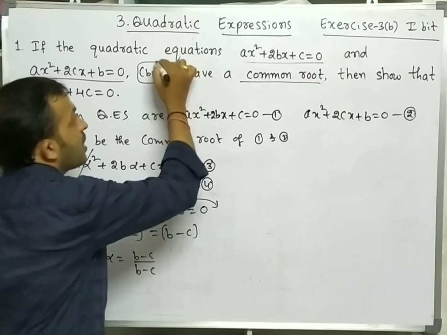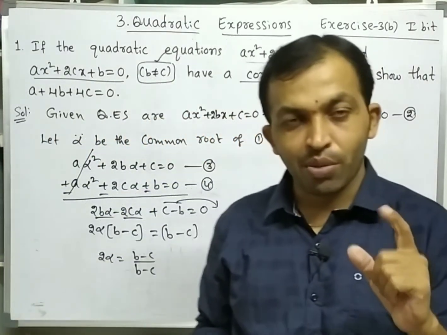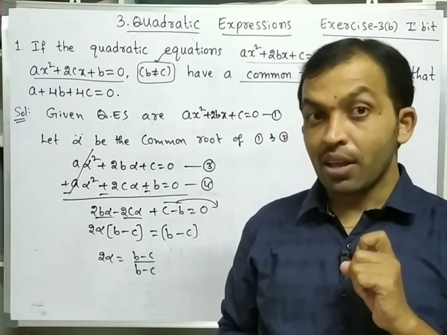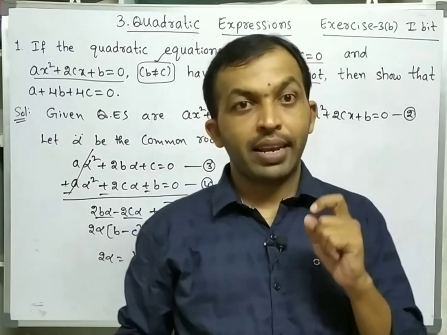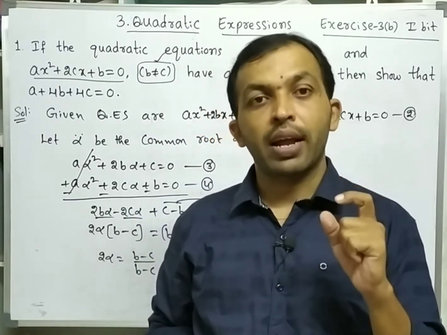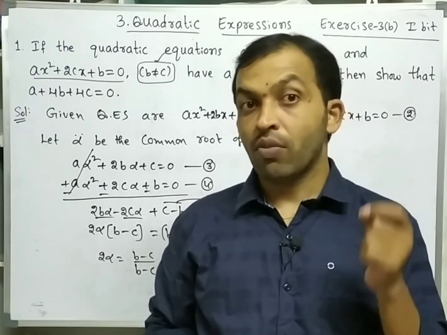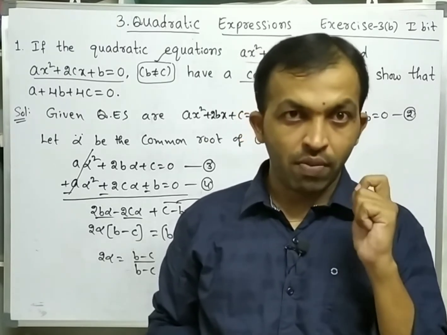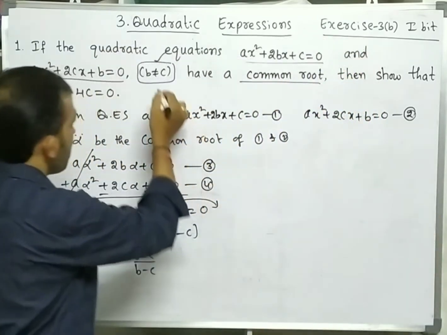So remember why the condition, why they mentioned b is not equal to c. Okay, so in the previous sessions also I explained and instructed that if a condition is mentioned in the question, we should think about that condition first, why they mentioned that condition. So here, why b not equal to c?